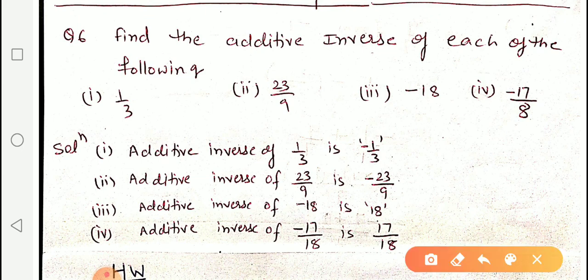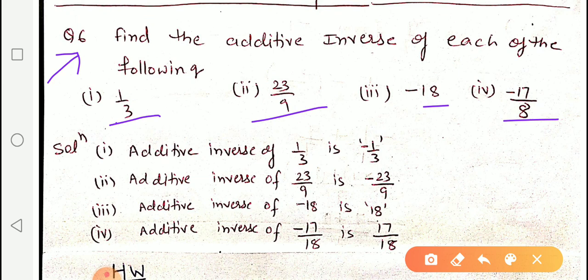Now let us do the question number 6, which is based on the additive inverse. Additive inverse is basically the opposite of any rational number. Here we are doing the 4 parts in which we have to write the additive inverse of these numbers. So we will write the opposite number.